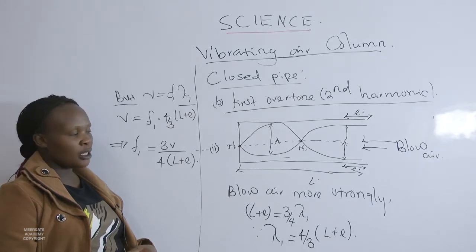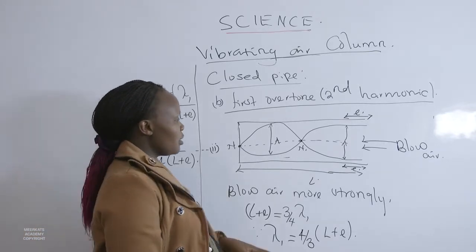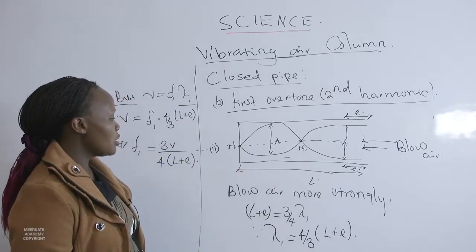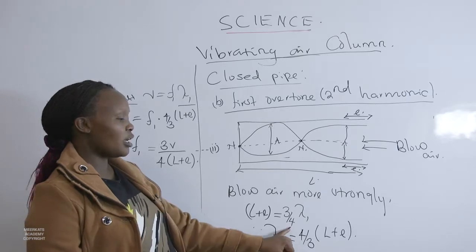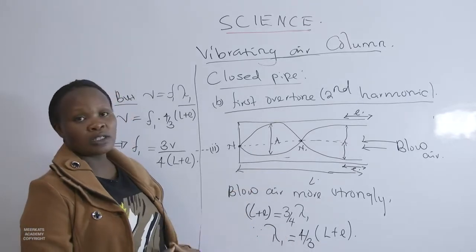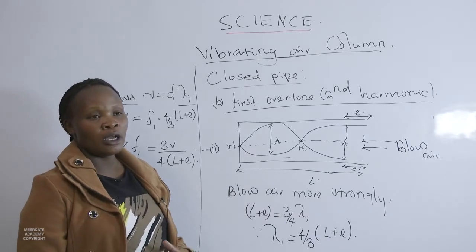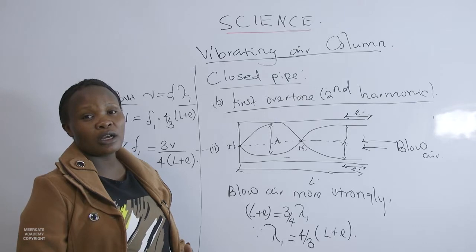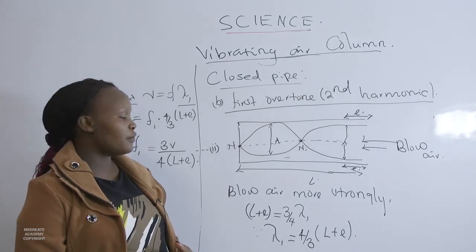That is to mean that L plus E, which we have just introduced, is going to be 3/4 of a wave, 3/4 of our transverse wave, remembering that for a wave to be complete, it has to be a complete crest and a complete trough.